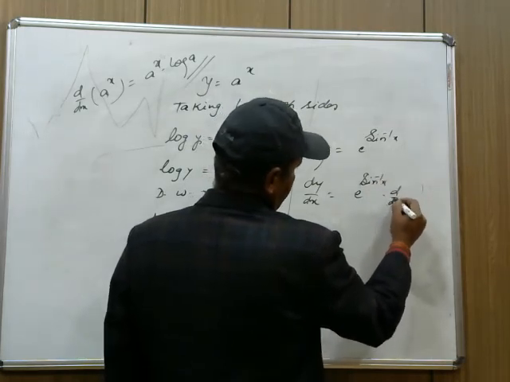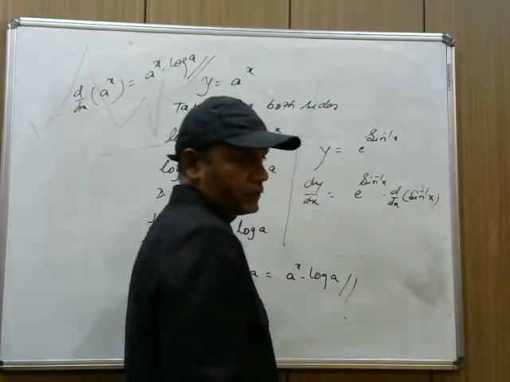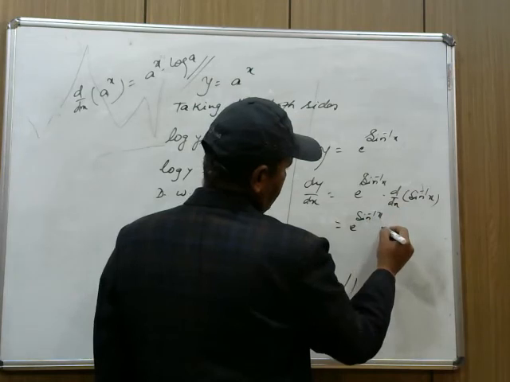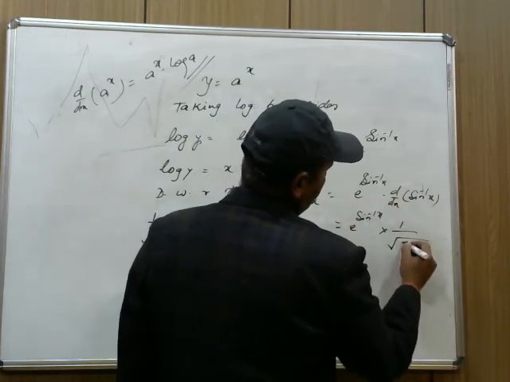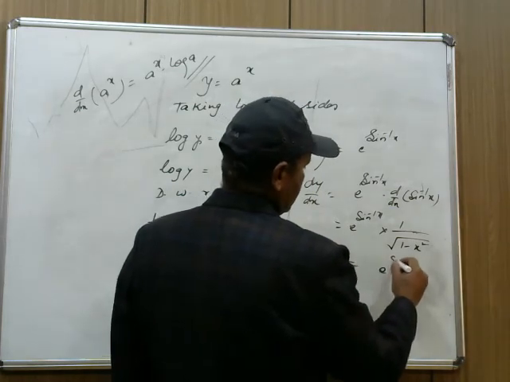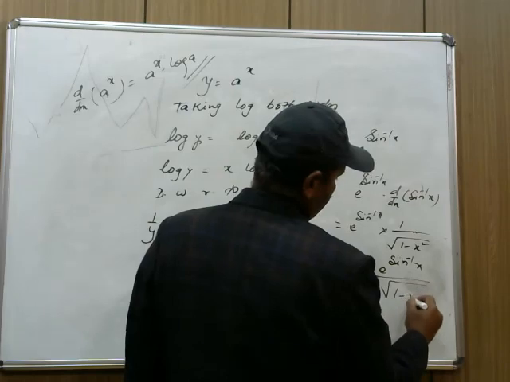Again, differentiation of what? Sine inverse x. And if you remember, the differential of sine inverse x is 1 upon under root 1 minus x square. Therefore, we write the final answer: e to the power sine inverse x whole divided by under root 1 minus x square.